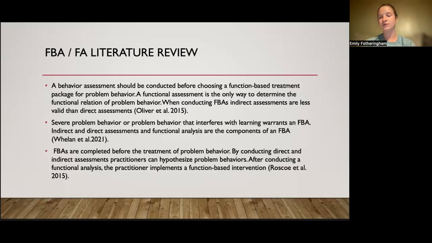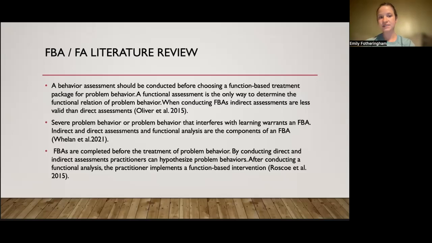Whalen et al. 2021 noted that severe problem behavior or problem behavior that interferes with learning warrants a functional behavior assessment. Indirect assessments, direct assessments, and functional analyses are the components of a functional behavior assessment.